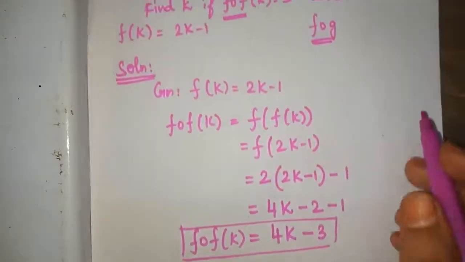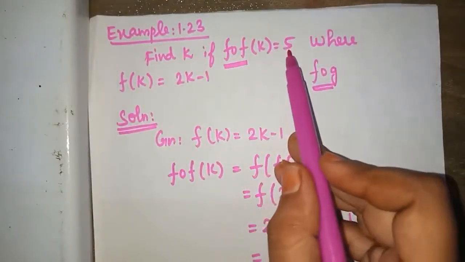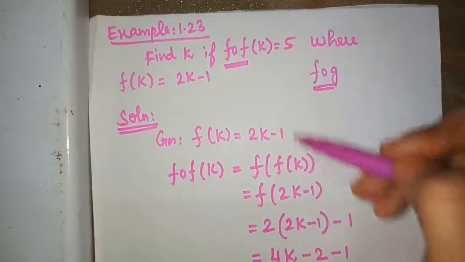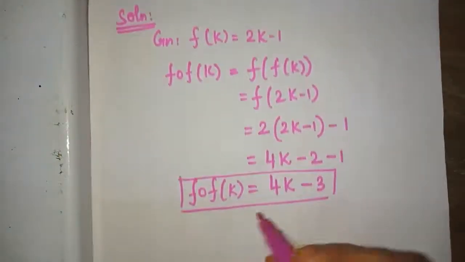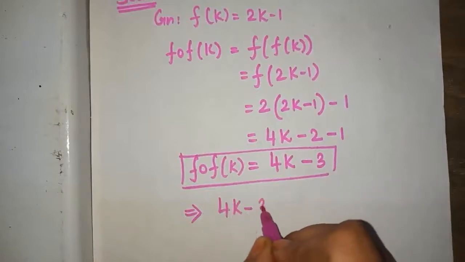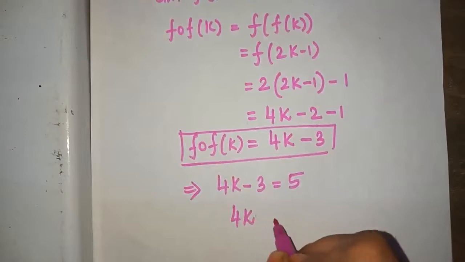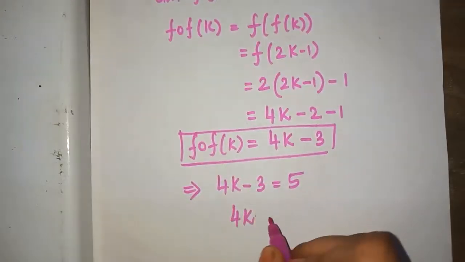But the question itself they have given f composite f of k value is equal to 5. So you have to equate the value. So which is equal to 4k minus 3 is equal to 5. So 4k is equal to, we are taking the constant term to right hand side.